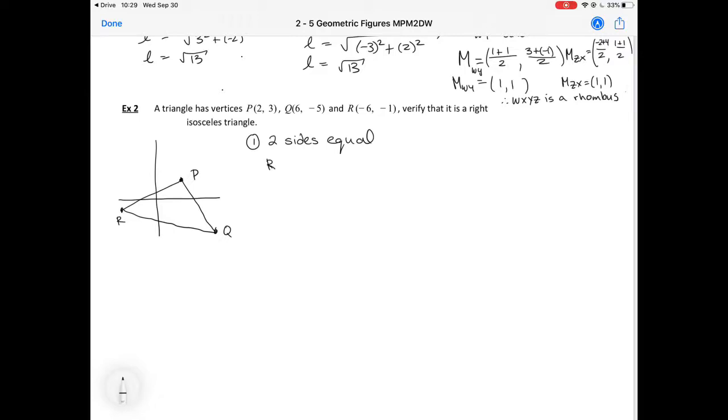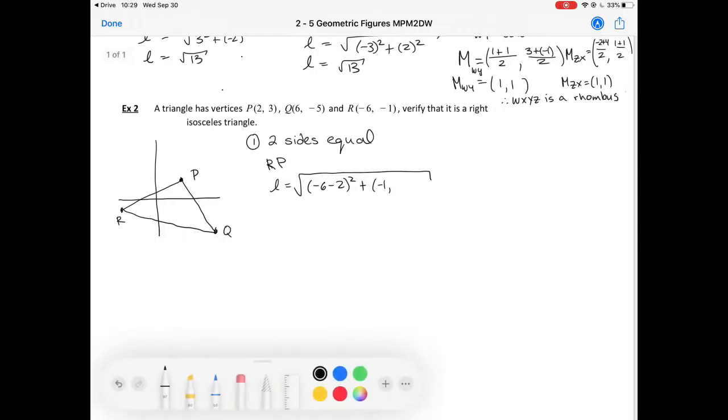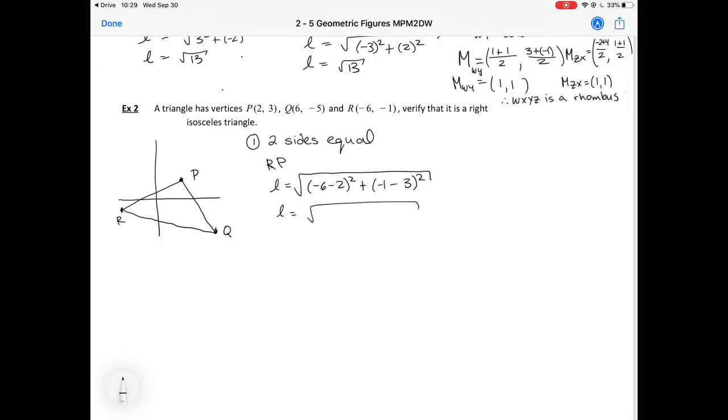So let's check our P first. We're going to use our length formula as listed on the top, going between R and P. We've got x2 minus x1 squared plus y2 minus y1 squared, which is going to give us minus 8 squared plus minus 4 squared, which is 64 plus 16, which is root, not quite root 100 here.